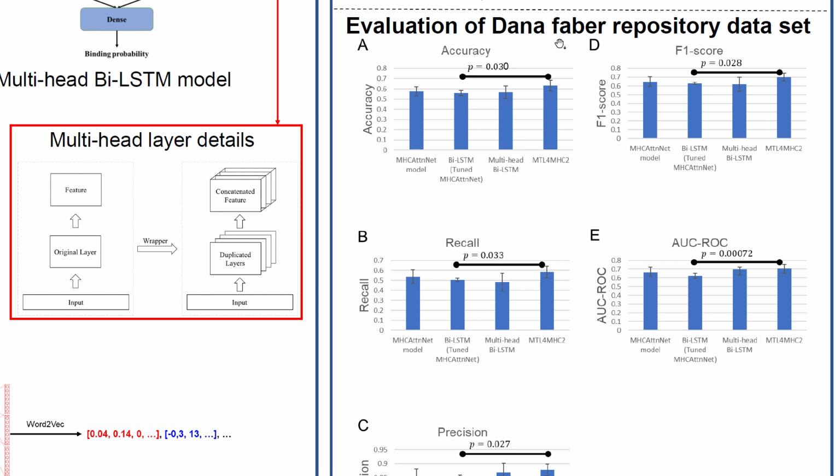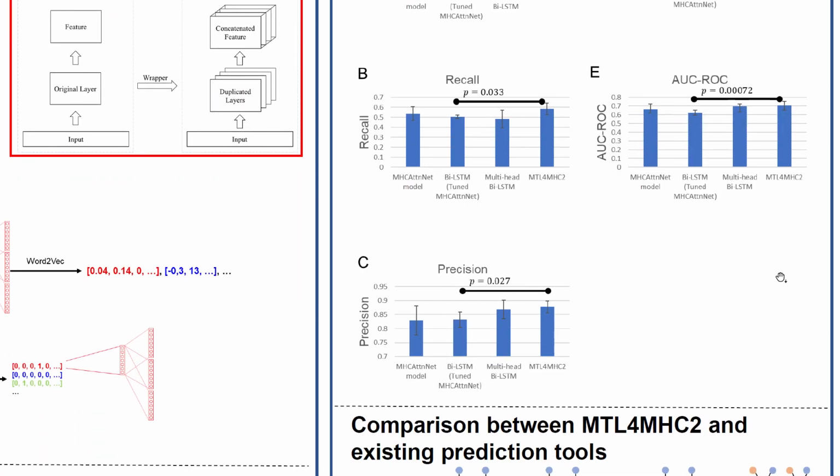That is to say, parameter tuning of BiLSTM was specialized to the IEDB dataset. On the flip side, the prediction performance of MTL4MHC2 was the highest in all models, same as the result of the IEDB dataset. Overall, it is considered that MTL4MHC2 achieved performance improvement by multitask learning efficacy.